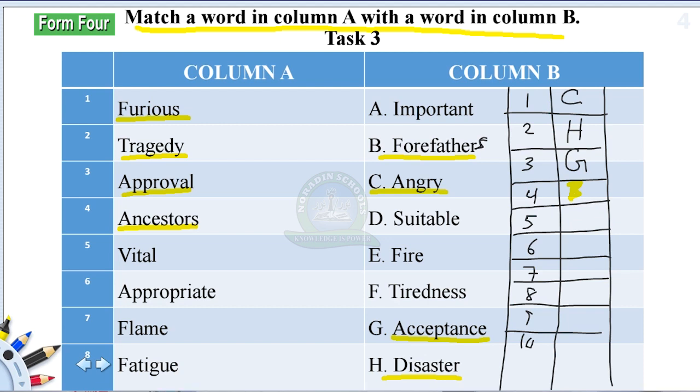So ancestors means forefathers. Okay, number four is B.